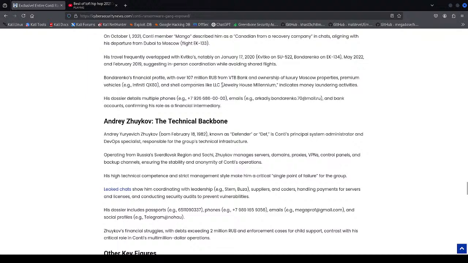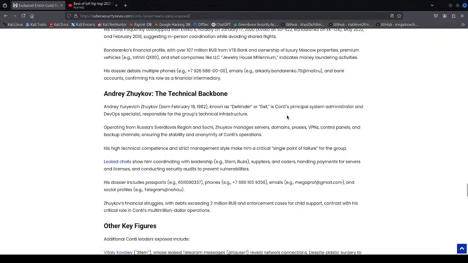Bondarenko's financial profile, with over 107 million rubles from VTB Bank and ownership of luxury Moscow properties, premium vehicles, and shell companies like LLC Jewelry House Millennium, indicates money laundering activities. That's interesting. His dossier details multiple phones, as you can see, numbers here, and then emails, and you can see some there, and bank accounts confirming his role as a financial intermediary.